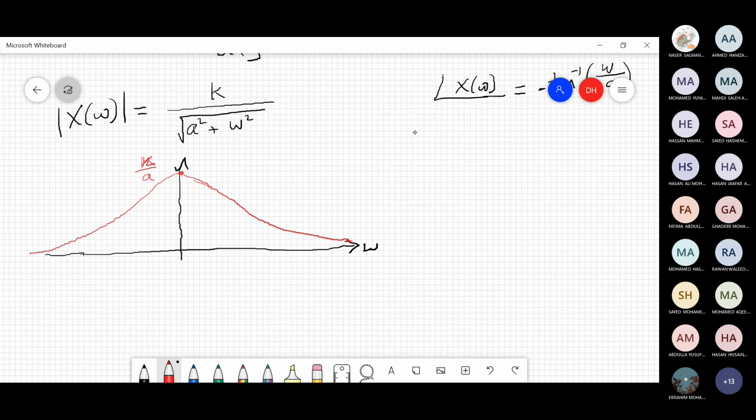Okay, one important point here, we call it the cutoff, which is here.